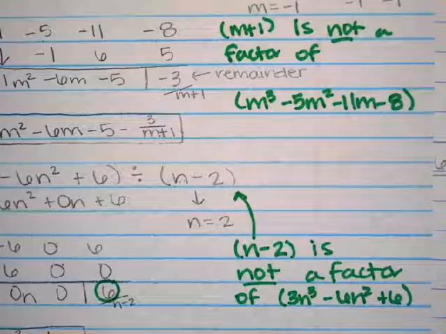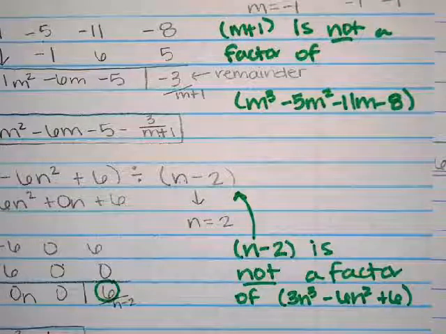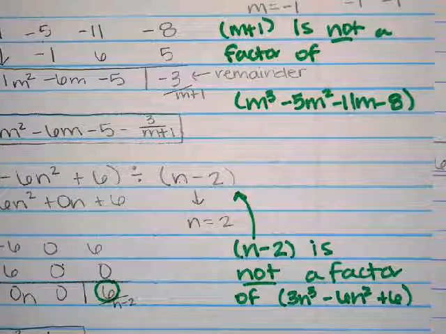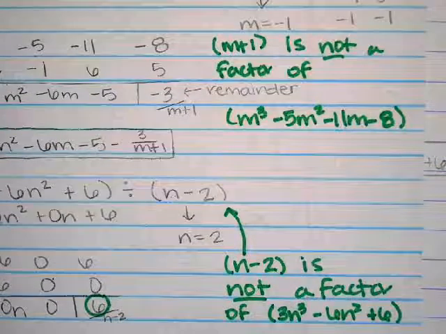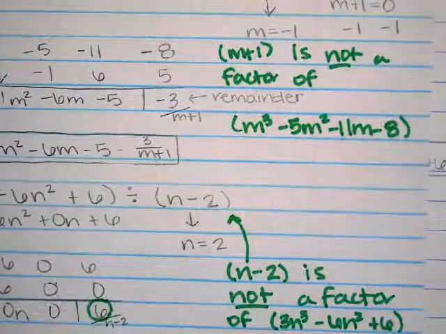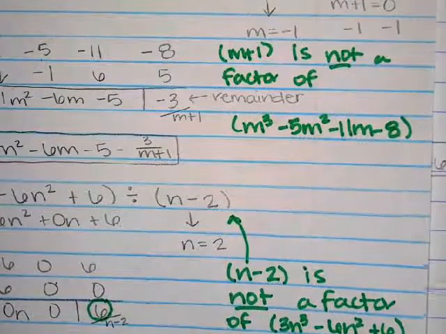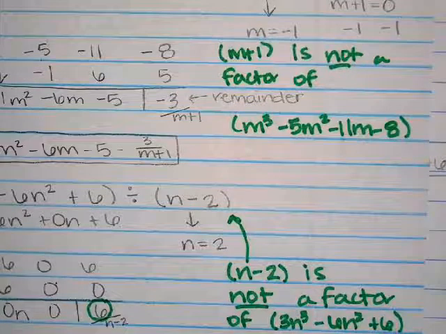Okay, so on Friday, or whichever day of the weekend you happen to do it, there was an activity. It started with problem A. And problem A looked like this.